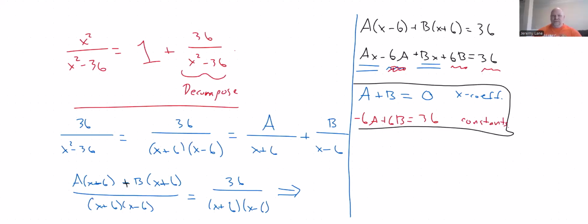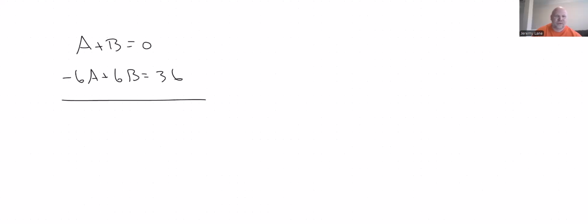All right. Now, this is primed for elimination method, and that's the technique that we're going to use. A plus B equals 0. Negative 6A plus 6B is 36. We're going to do elimination. So we have 6A plus 6B equals 0.